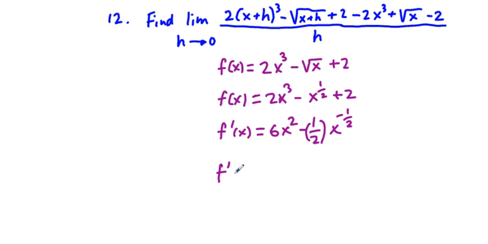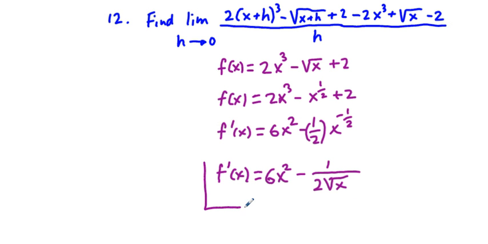So just rewriting in the radical form, we're going to have 6x squared minus 1 over 2 square root of x. So this will be our answer, except we're not going to write it that way.